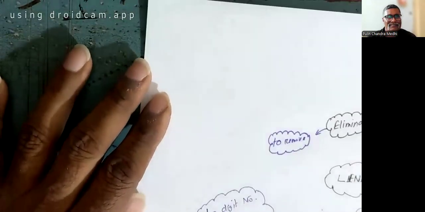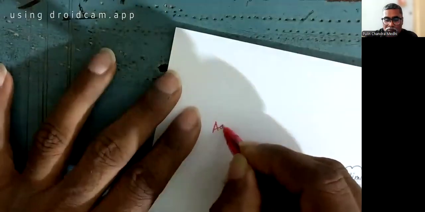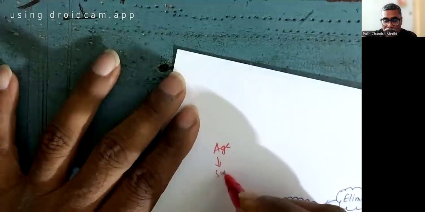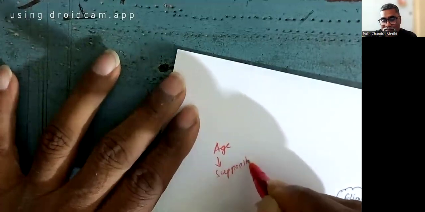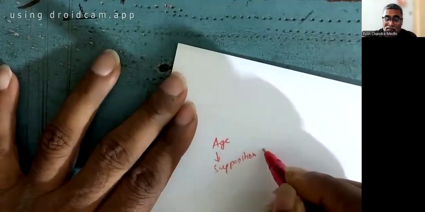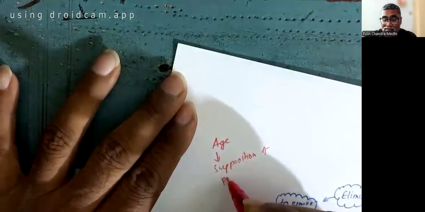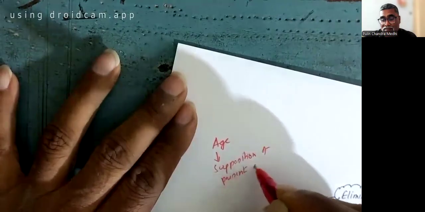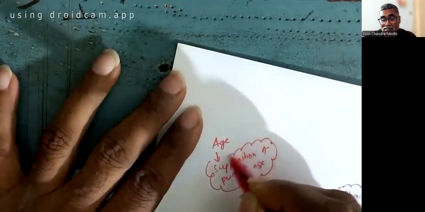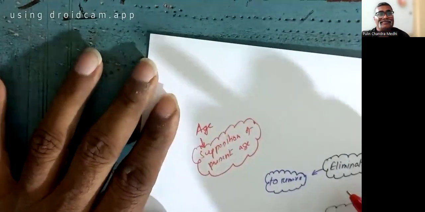Yes, right? About the age problem. Supposition should be what? Supposition of present age. Remember it. If you have to consider something, always the reference is the present age, right?